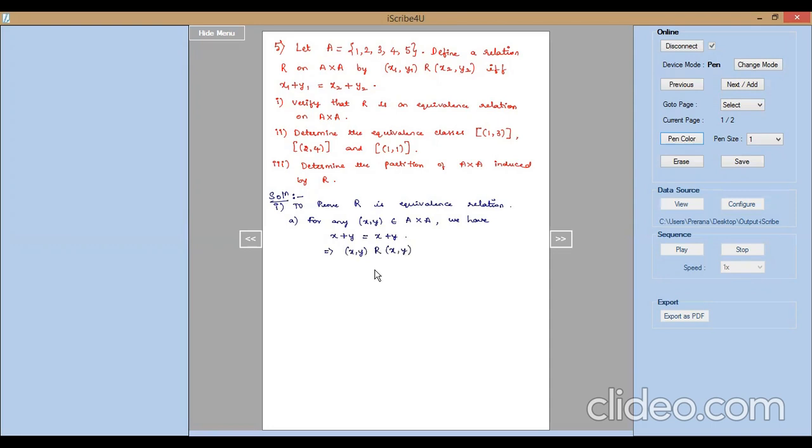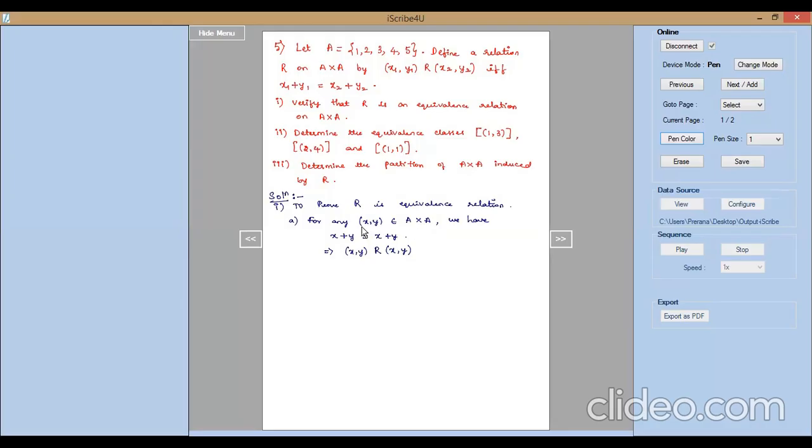Here we are considering an ordered pair to prove the reflexive, symmetric and transitivity properties. So we take an ordered pair (x, y) which belongs to A cross A. Recall from the Cartesian product that A cross A is the set of all ordered pairs from the given set.